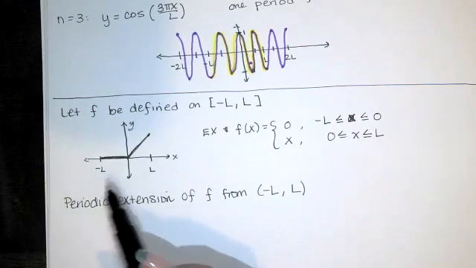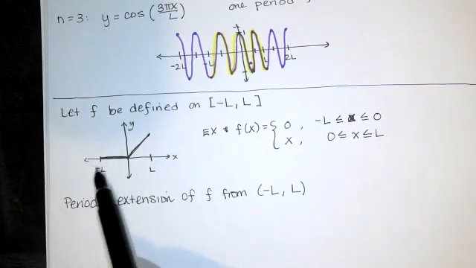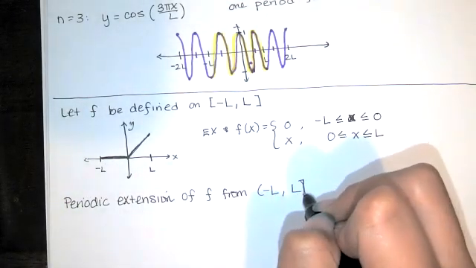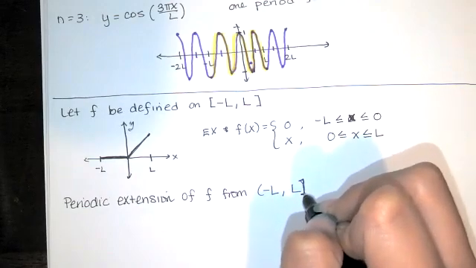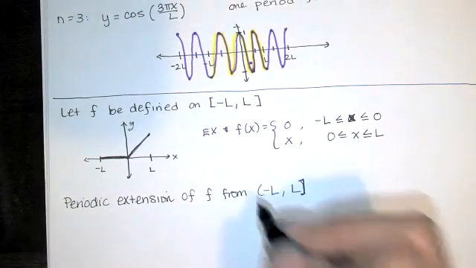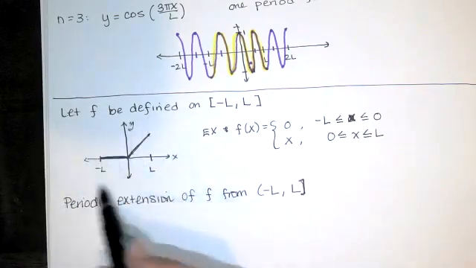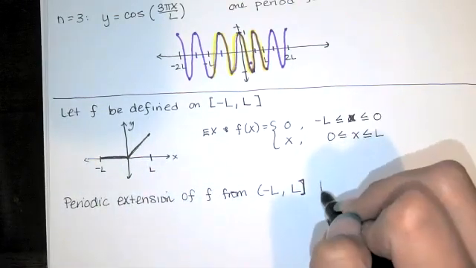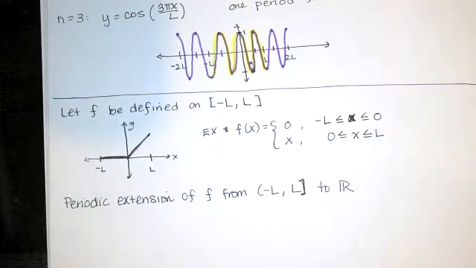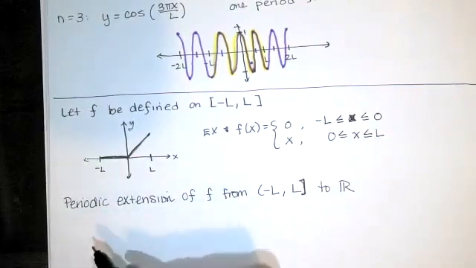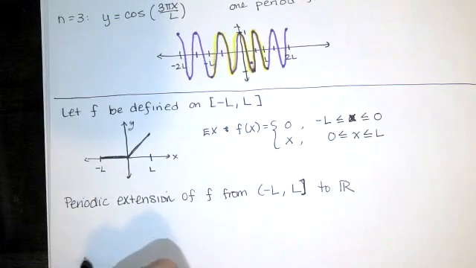I don't want a relation that would have 2 values every once in a while. I want to use this interval from negative L to L, not including the left endpoint. If I want to extend this function periodically to the entire real line, we just choose to exclude that point.